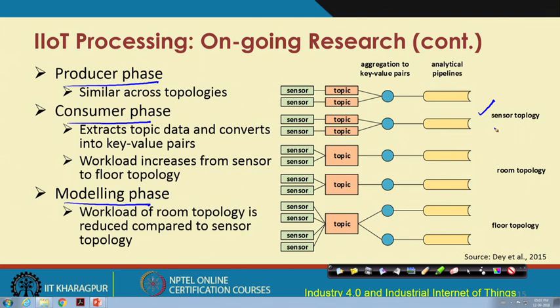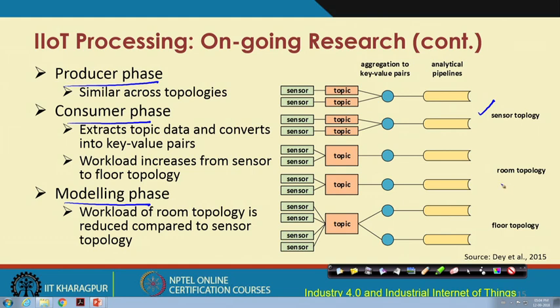They have the sensor topology, where individual sensors are mapped with individual separate topics in this manner, and those data are aggregated at this junction. So, this is the sensor topology.